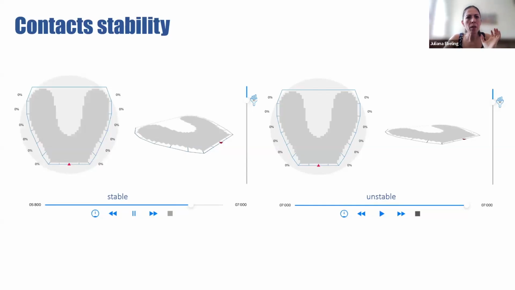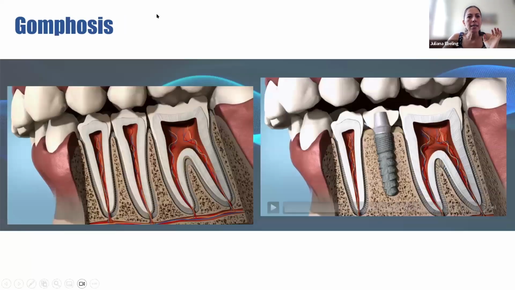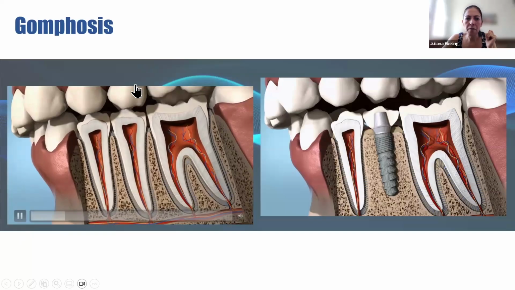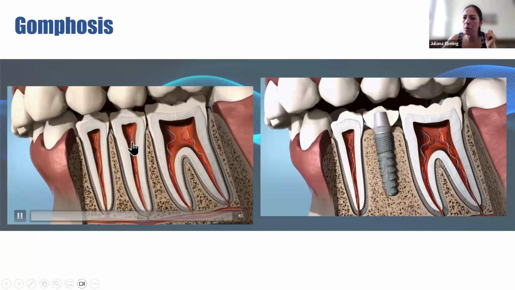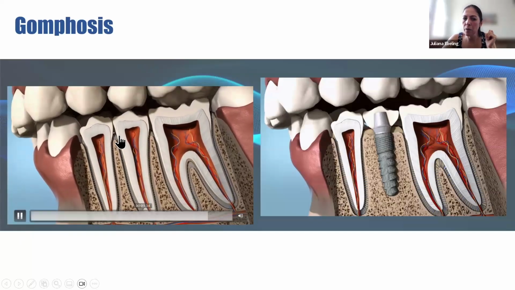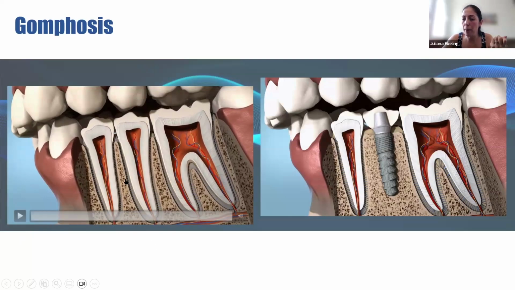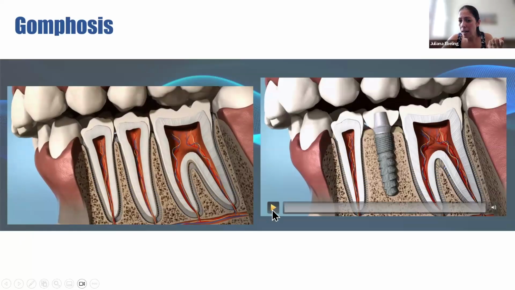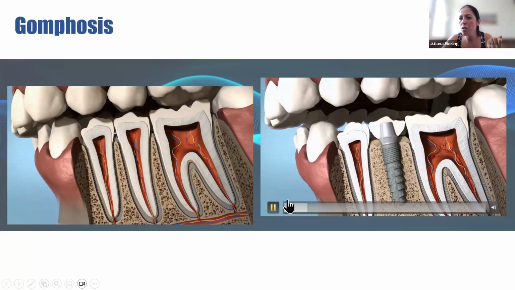Okay, and the last one is the gonphoses that I mentioned a little bit. We can see here I have a gonphosis, a movement of this tooth within the periodontium, the ligament. If I have an implant, I have no movement.